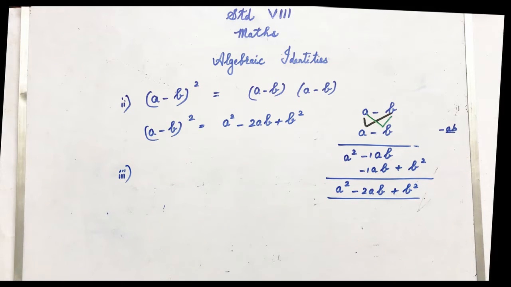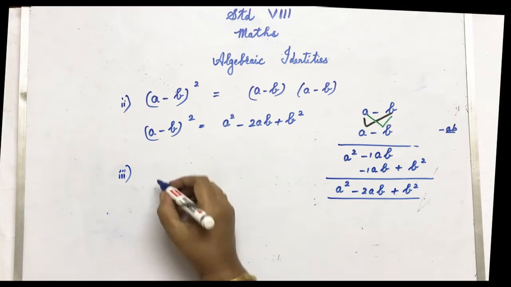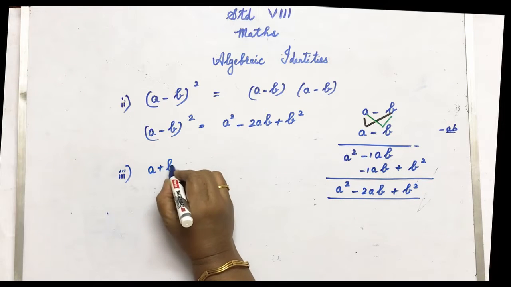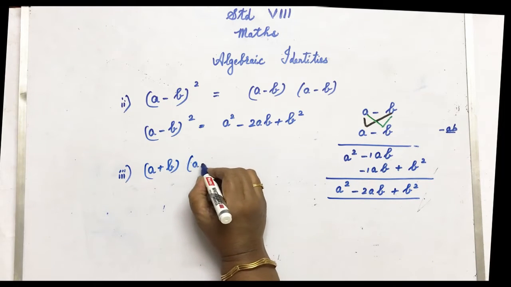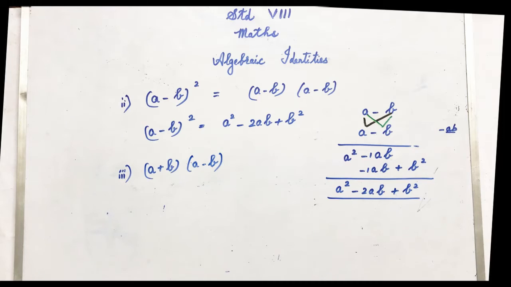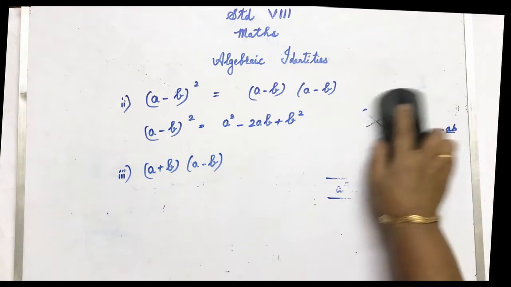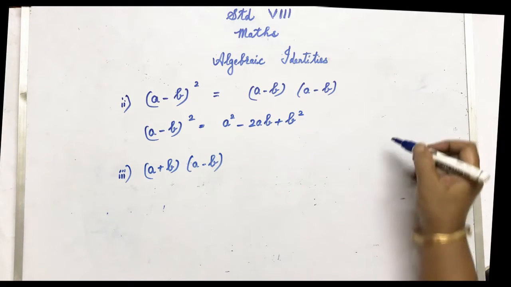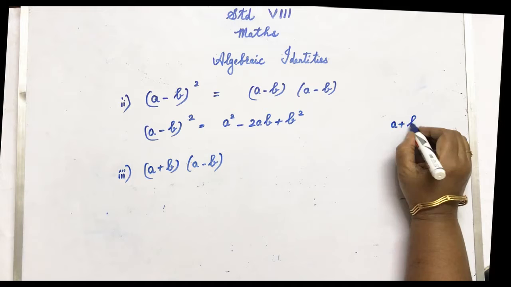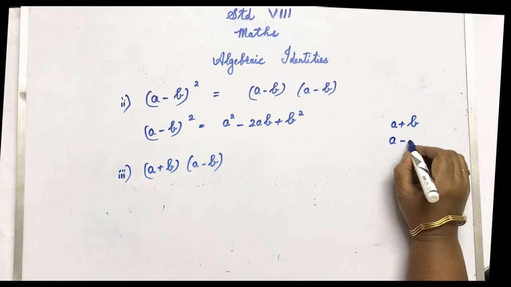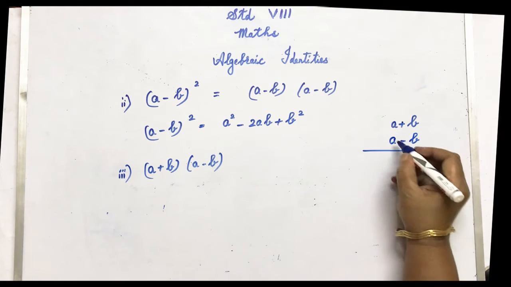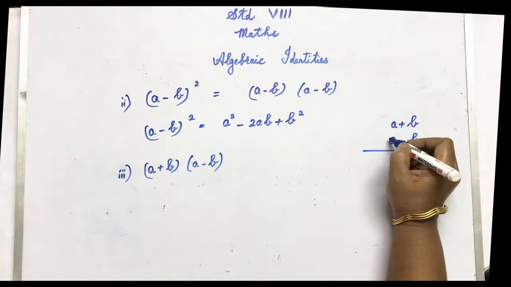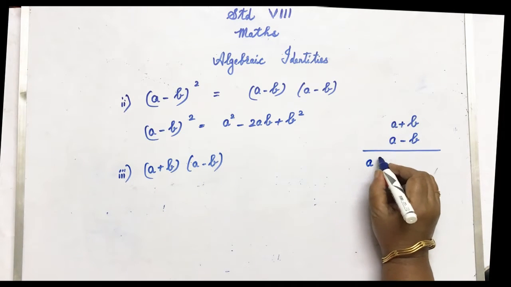Now the third identity is (a plus b) into (a minus b). Again we will multiply and find the answer. So (a plus b) into (a minus b). First we multiply a with a; a into a is a squared.